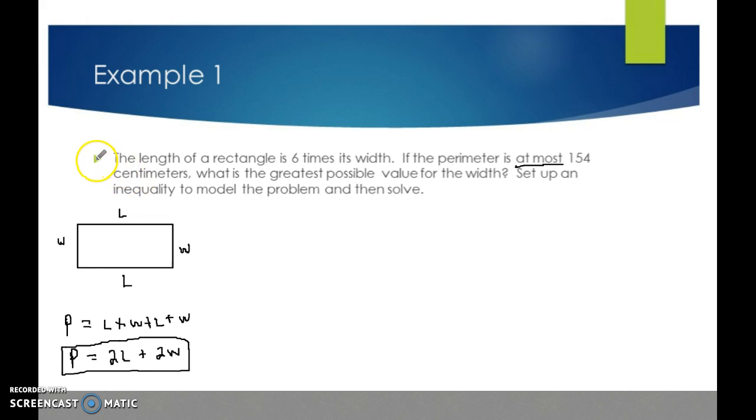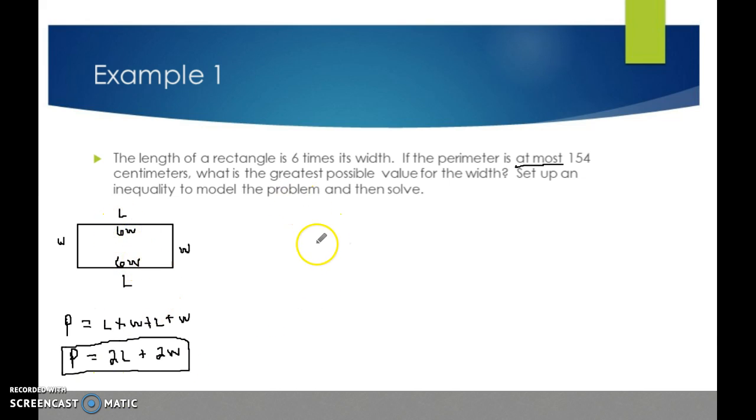Now going back up to the first sentence, the length of this rectangle is 6 times the width, which means the expression for our length is 6W, so 6 times the width. Same over here, this length is 6 times the width.